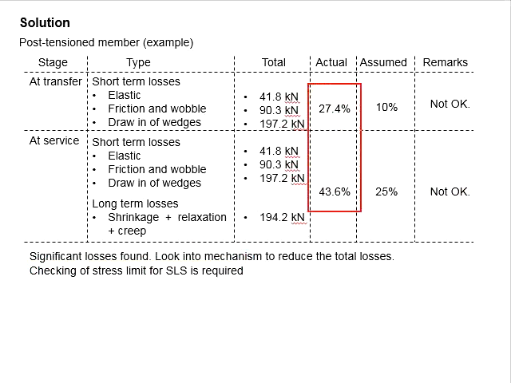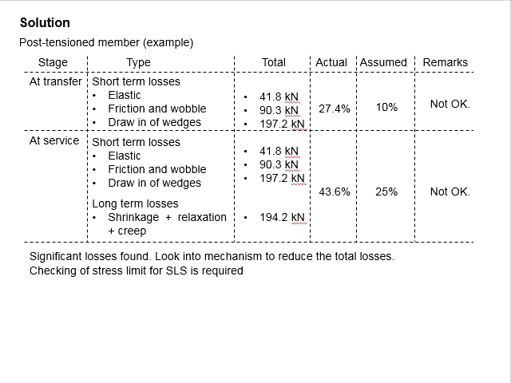But looking at the number here, we realize that the losses are extremely high. Even though you check the stress and it passes, it will come to a state that the pre-stressing method is inefficient. You are only able to use about half of the pre-stressing force at the end of the day.